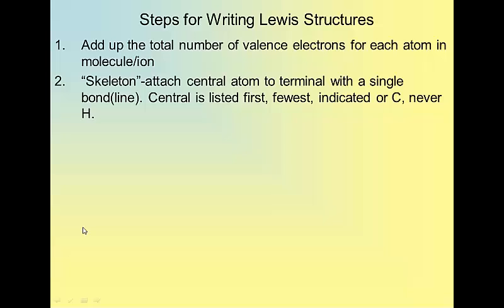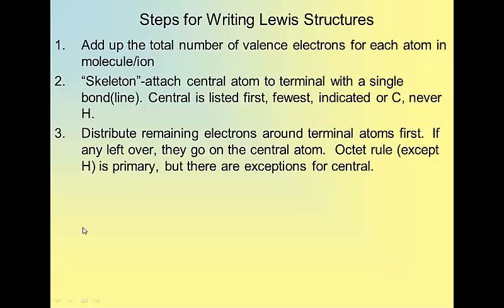Attach the central atom to the terminals with a single line, a single bond, representing a pair of electrons. A central atom is either carbon, has the smallest subscript in the formula, or is listed first in the formula, and it's never going to be hydrogen.